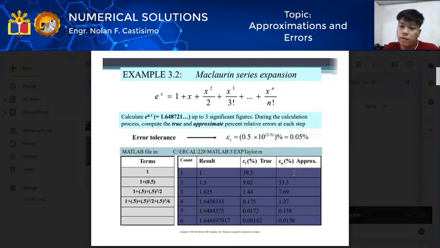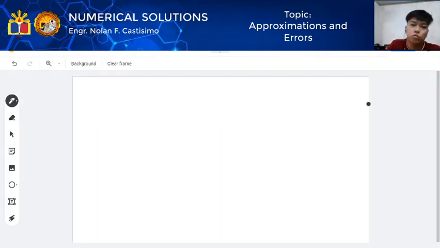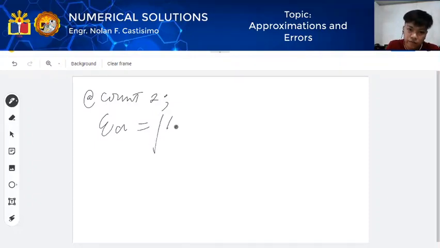Diba? 100 pa rin siya. So, that means walang error, approximate relative error.